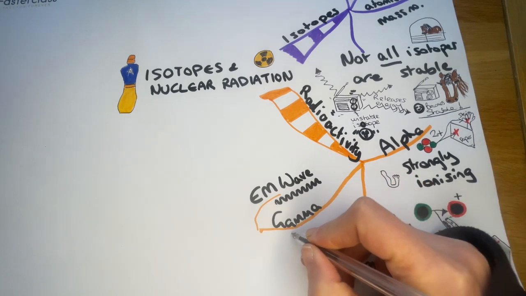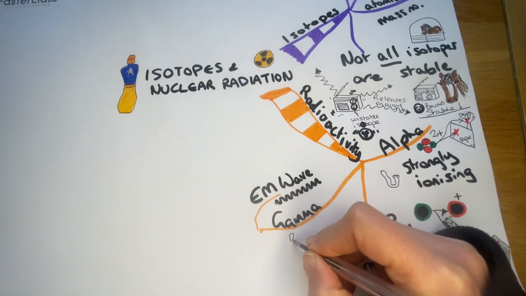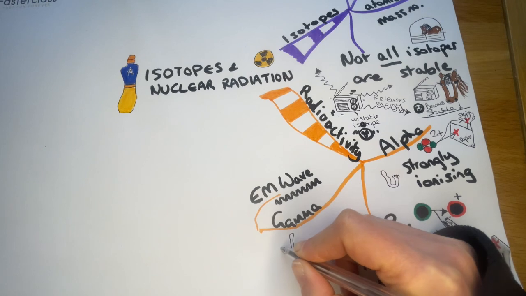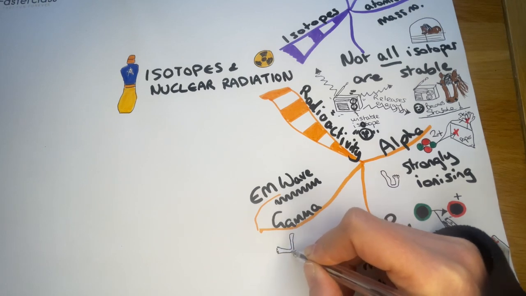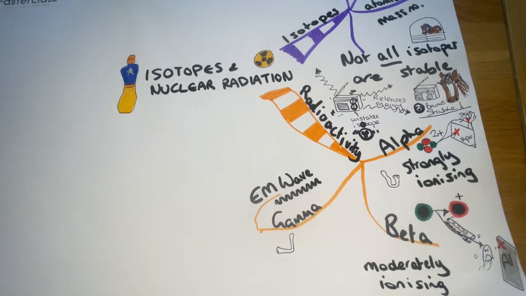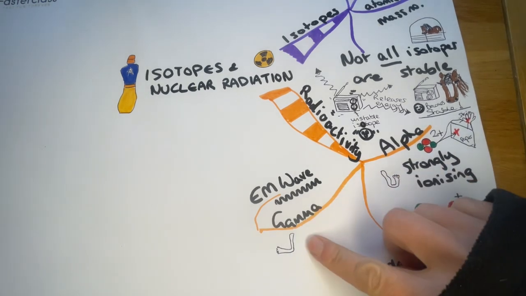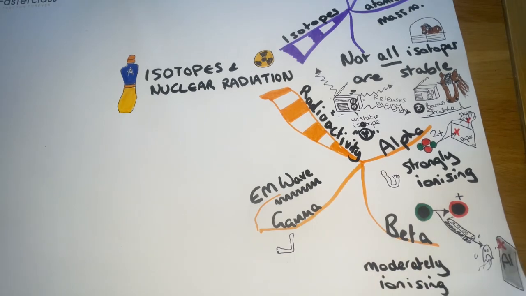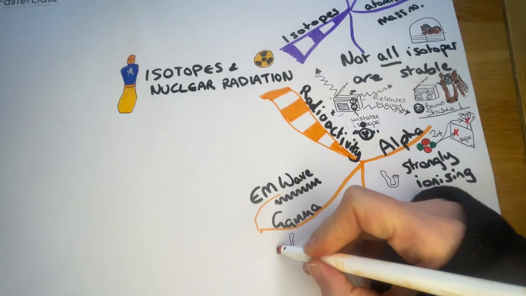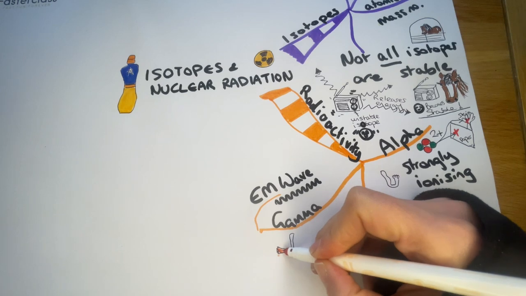Gamma is weakly ionizing, so it's got quite a thin arm, to be honest. Oh gosh, that looks like a foot, but never mind. Strongly, weakly, moderately. Mine's pink.